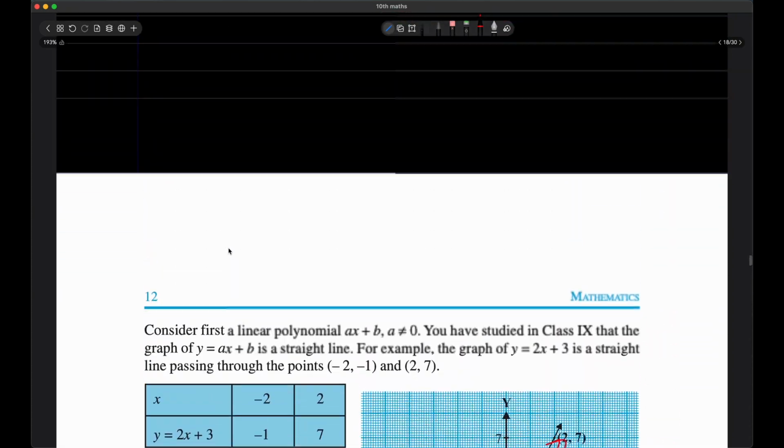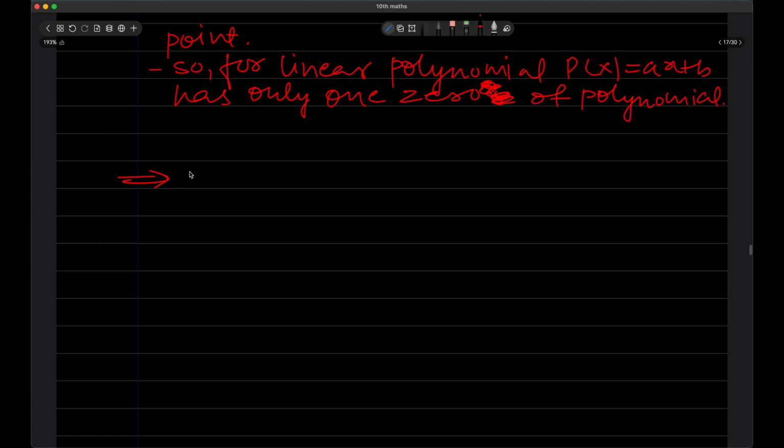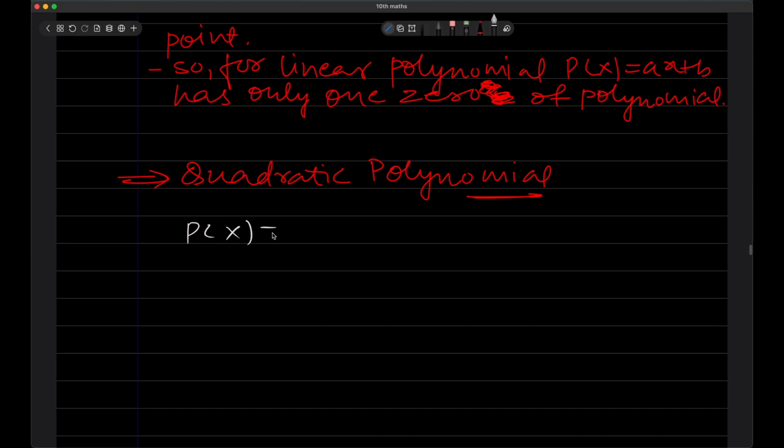So for a quadratic polynomial, we have the equation p of x equals to ax square plus bx plus c, and it has two types of curve.